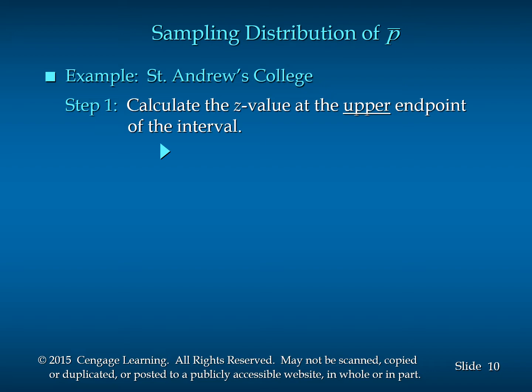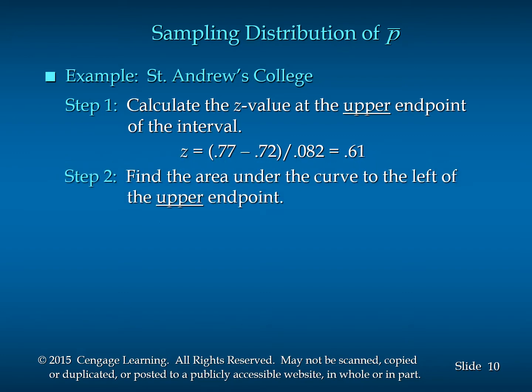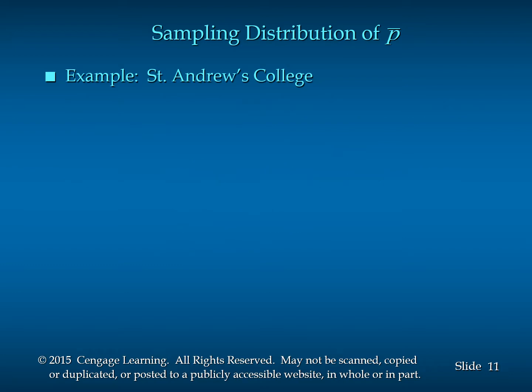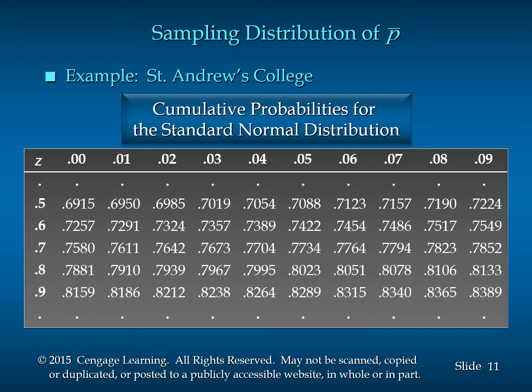First, we calculate the z value for the upper limit of 0.77. And from that z value, we'll find the area under the curve to the left of that as 0.7291. Using the table, you can see how we found that probability.